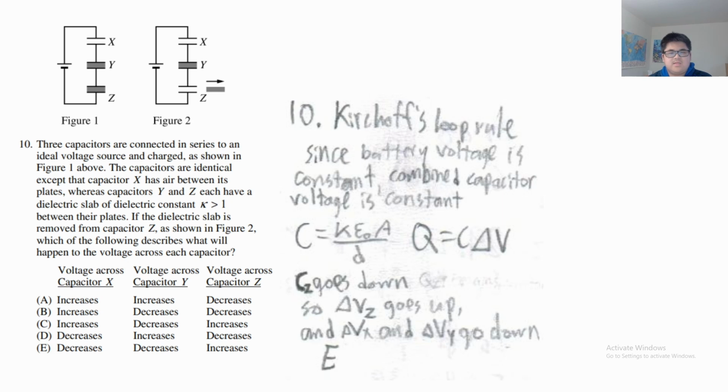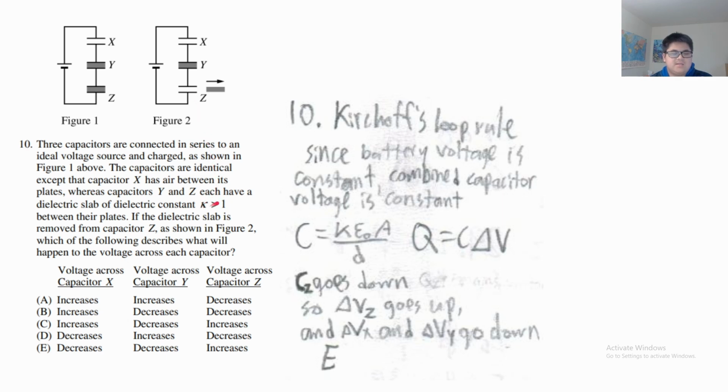Now the capacitance of a capacitor is K epsilon naught A over D. Now A and D stay the same. Epsilon naught is a constant as well. So K is the only thing that is changing.